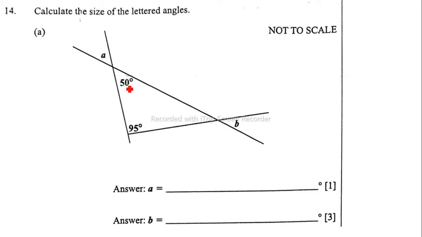How do you know that A is 50? Vertically opposite. Vertically opposite. Yes, very good. A and 50 are vertically opposite angles, and vertically opposite angles are equal. So A is 50 degrees. Trying to figure out B now.